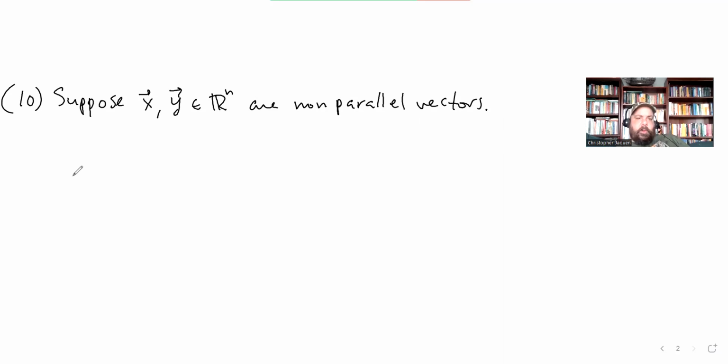Okay, and there's two parts to this question. Part A says, prove that if Sx plus Ty equals the zero vector, then S equals T equals 0.